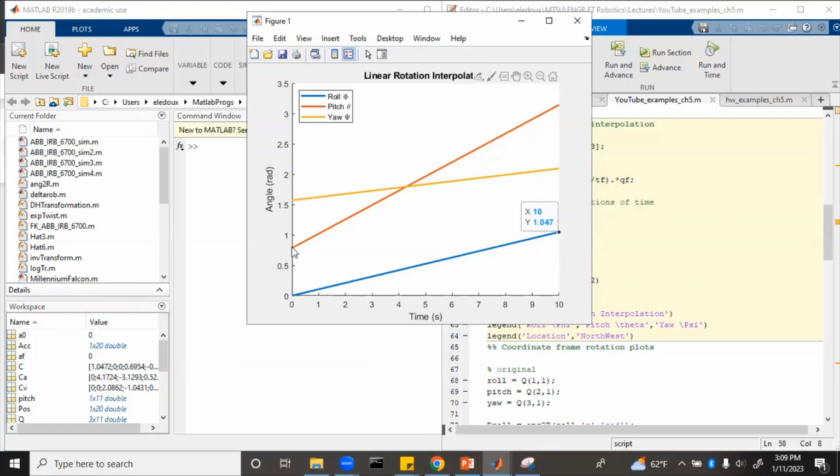The pitch goes from 0.78, which is pi over 4, to an ending value of pi, as expected. And then finally, the yaw goes from 1.57, which is pi over 2, to 2.09, which is 2 pi over 3.